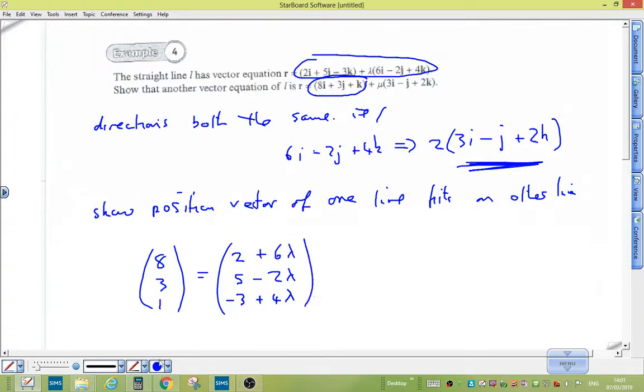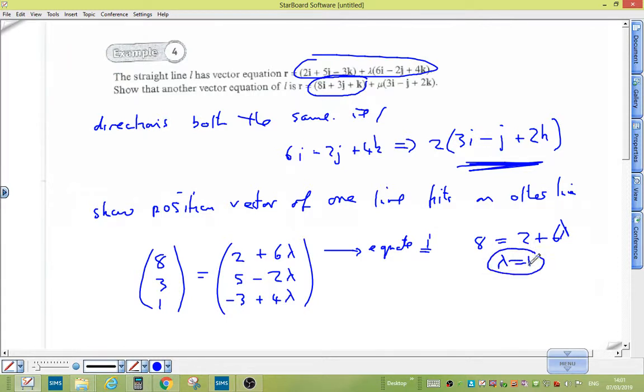Right, what am I going to use? So you tell the examiner, you equate. So you can see that 8 equals 2 plus 6 lambda. You take 2 from both sides, divide by 6, you get lambda is equal to 1.